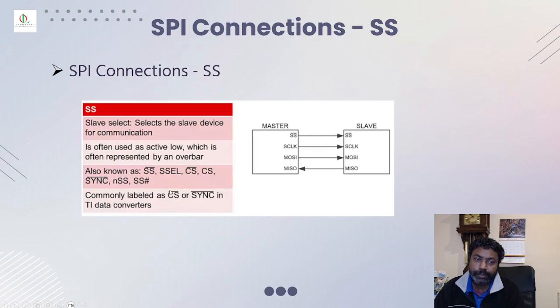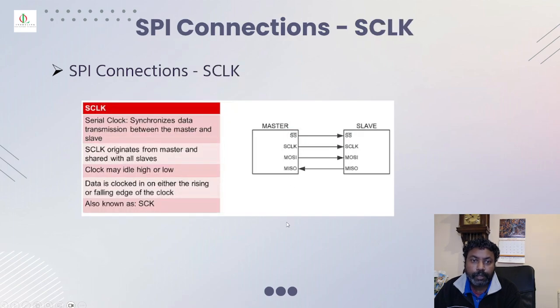In Texas Instruments devices you would see a lowercase n and SS, or SS hash. Commonly in a lot of data sheets you will see CS bar, which means it's active low, or sync low, and it is used for data converters. You would see that in the TI devices used for data conversions. So that's the slave select pin.